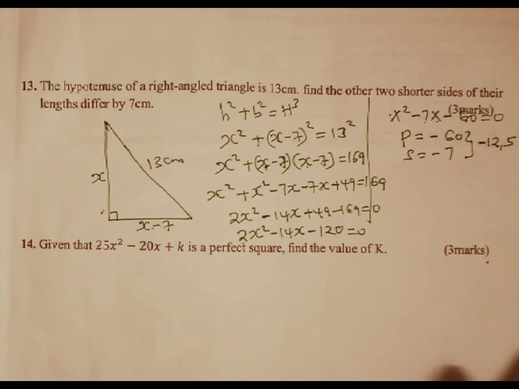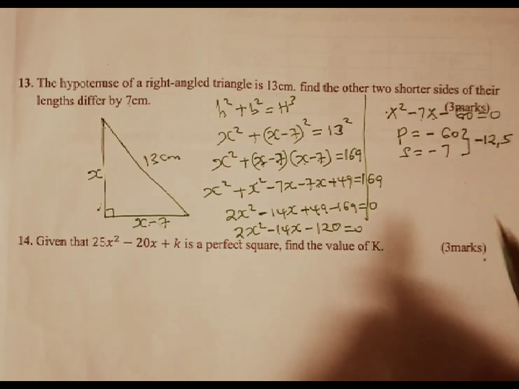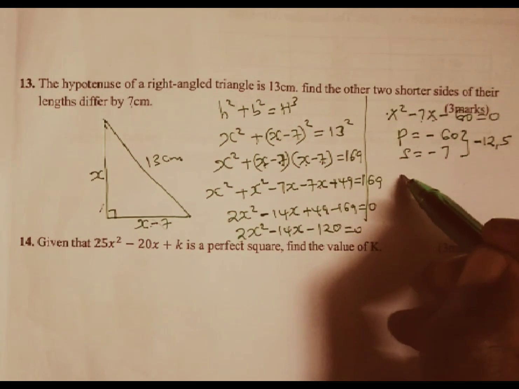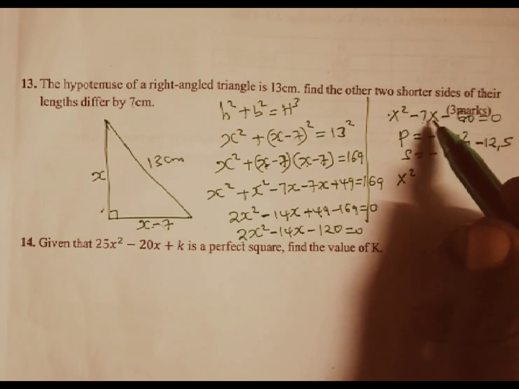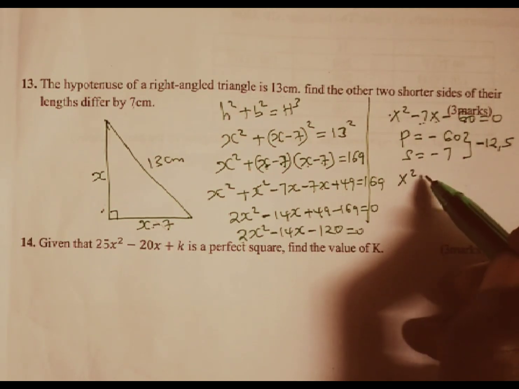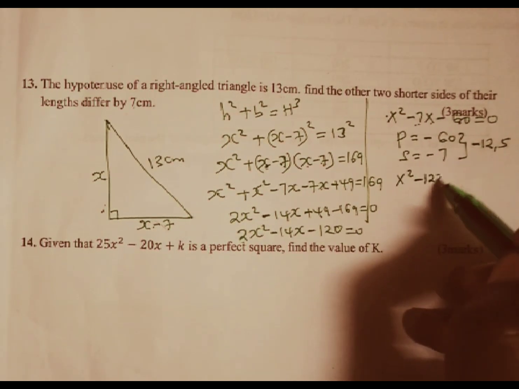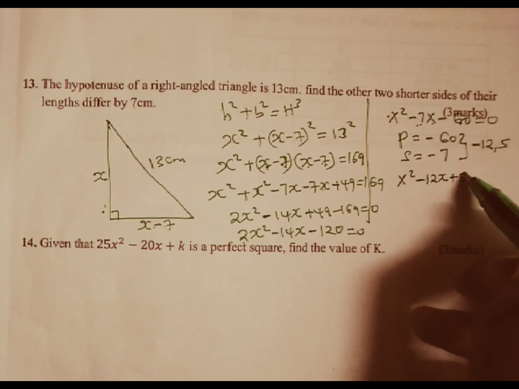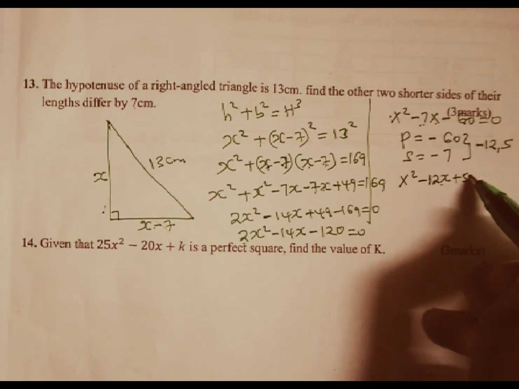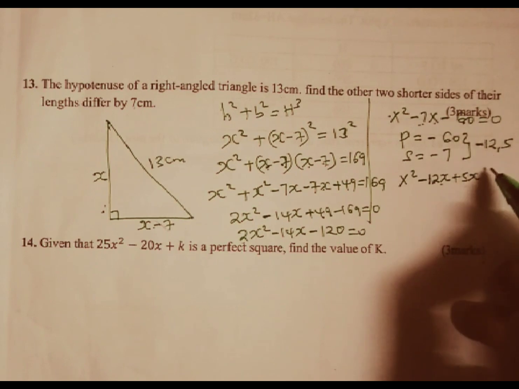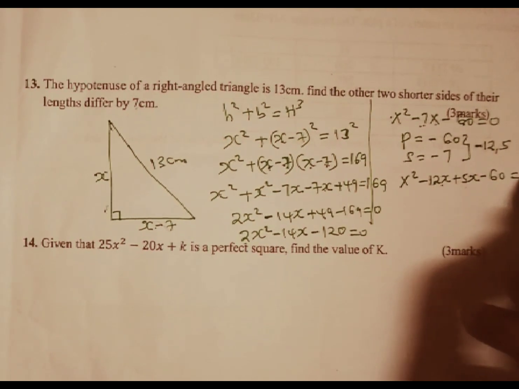Having done that, we now move down and write this equation. We are going to have x squared. Instead of the linear term, we use the numbers. We are going to have x squared minus 12x plus 5x minus 60 being equal to 0.